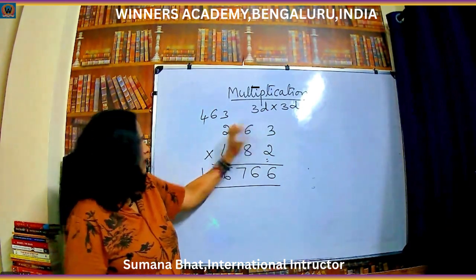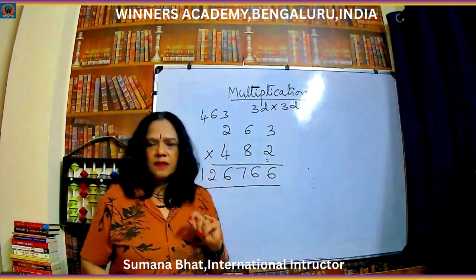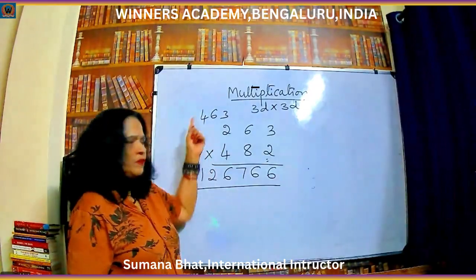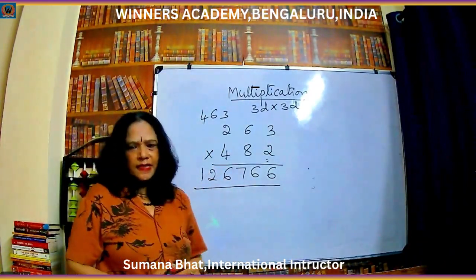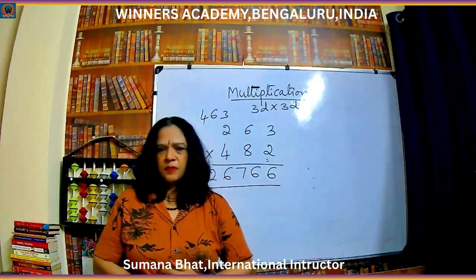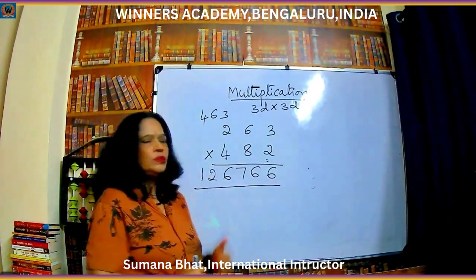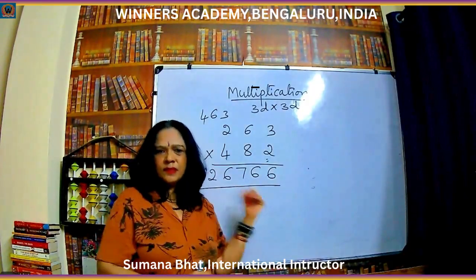Next step, you have to leave tens also. Only you have to multiply the hundreds place number. Write the answer. If you have any carry, add that. If there is no carry, write it as it is. By using this way, this is called criss-cross method. So you can do the multiplication in only one step.